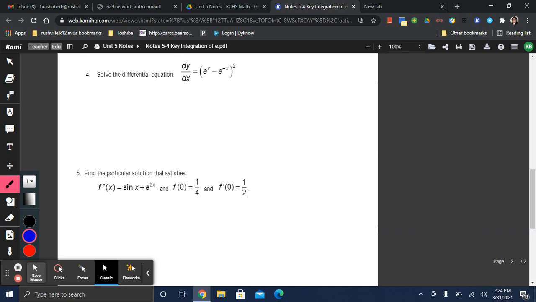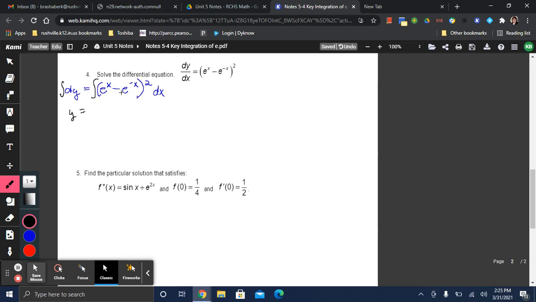And we will be separating the dy and the dx. So remember that we do dy equals, and then e to the x minus e to the -x, all of that squared, and then have the dx with it. And we will be integrating both sides. So the antiderivative of dy is just y equals.